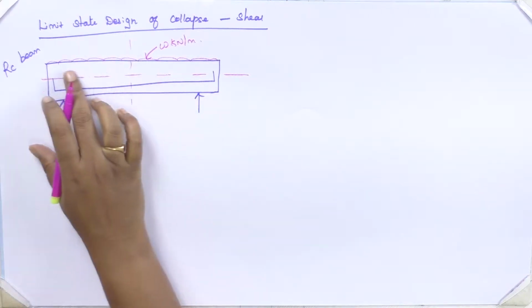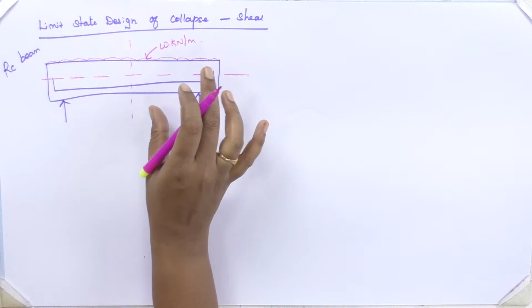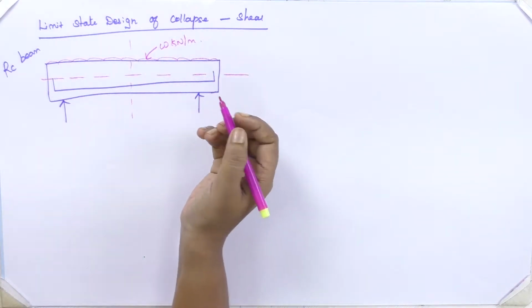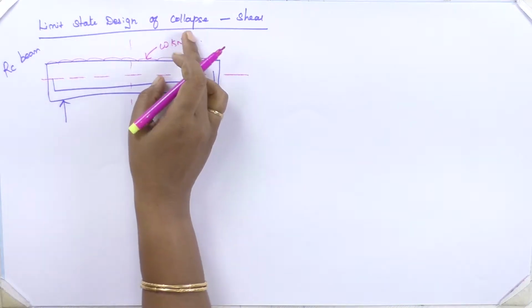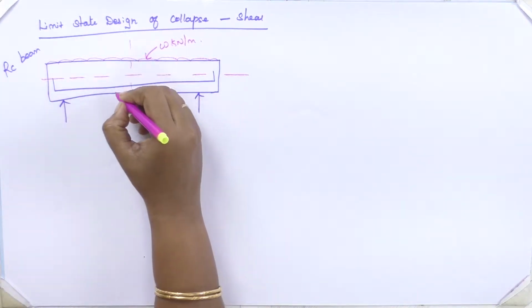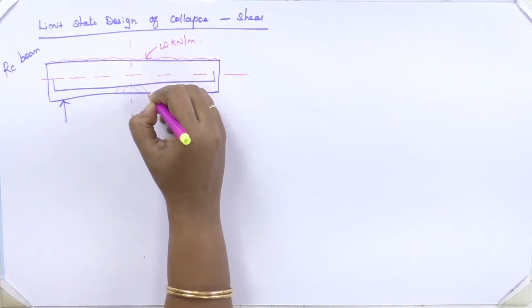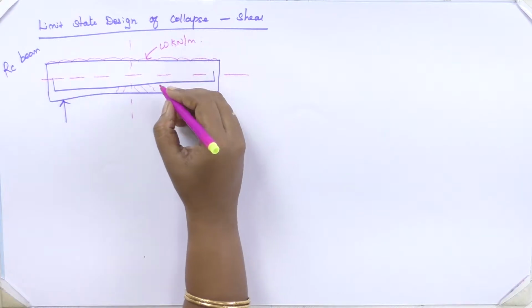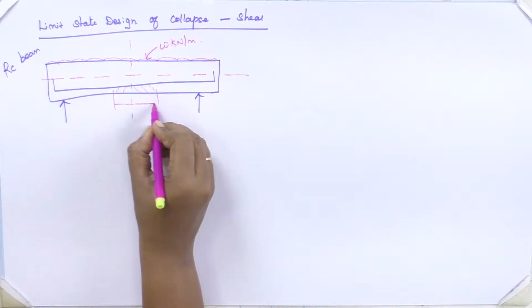When a beam is getting loading in the transverse direction while its axis is in the horizontal direction, it will be subjected to some cracks. First, when the load carrying capacity is reached, it will be subjected to deflection. So you will be getting cracks in this fashion, in this direction. This region you can call region 1.